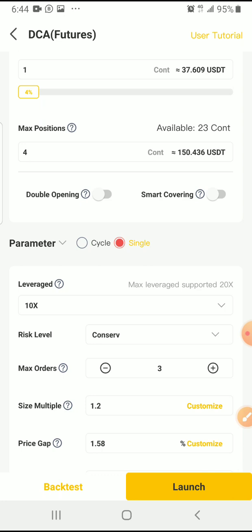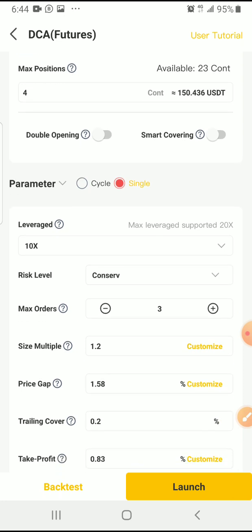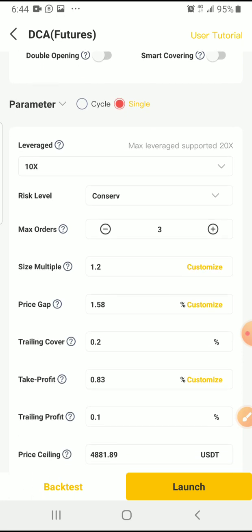That is why you need to allocate a lot of money to that trade. So that's why we are allocating 500 only for Ethereum. So 3 max orders means that after we launch this trade, which is the first order, there are 2 more trades that the robot can launch for you.